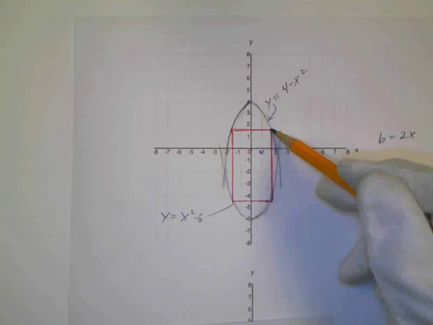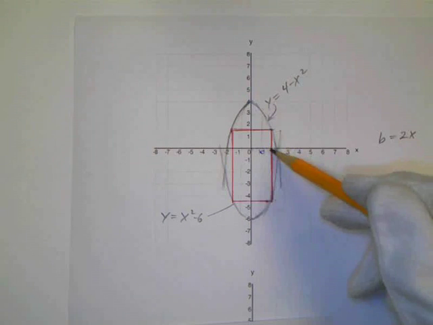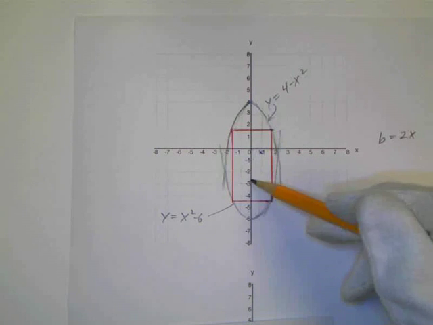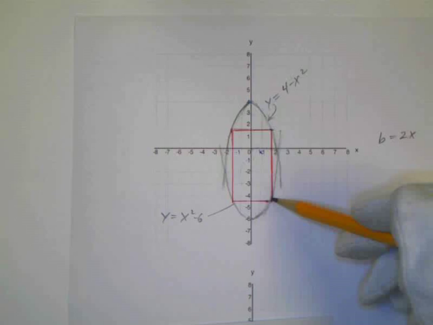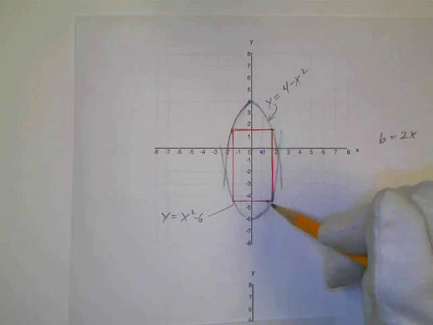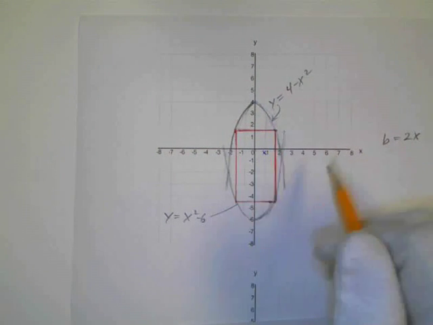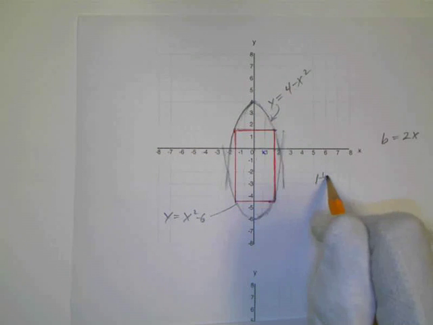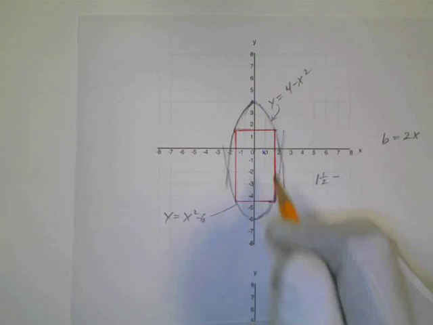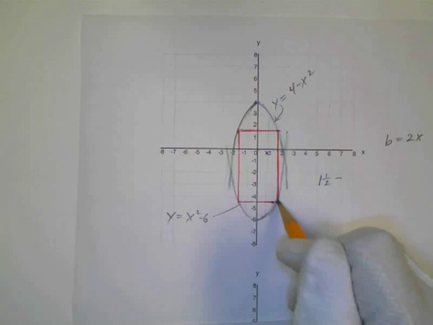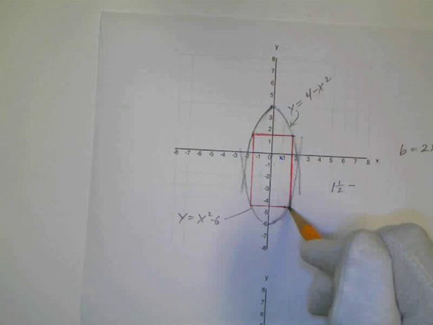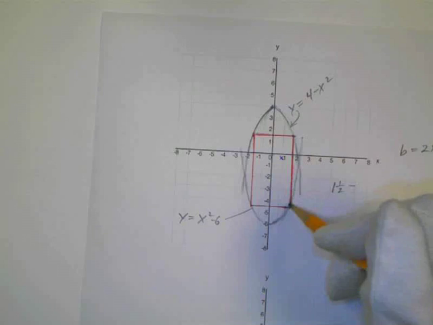Right over here, my height is about 1.5, and over here, the distance from here to here is about 4.5, but this y value is negative.